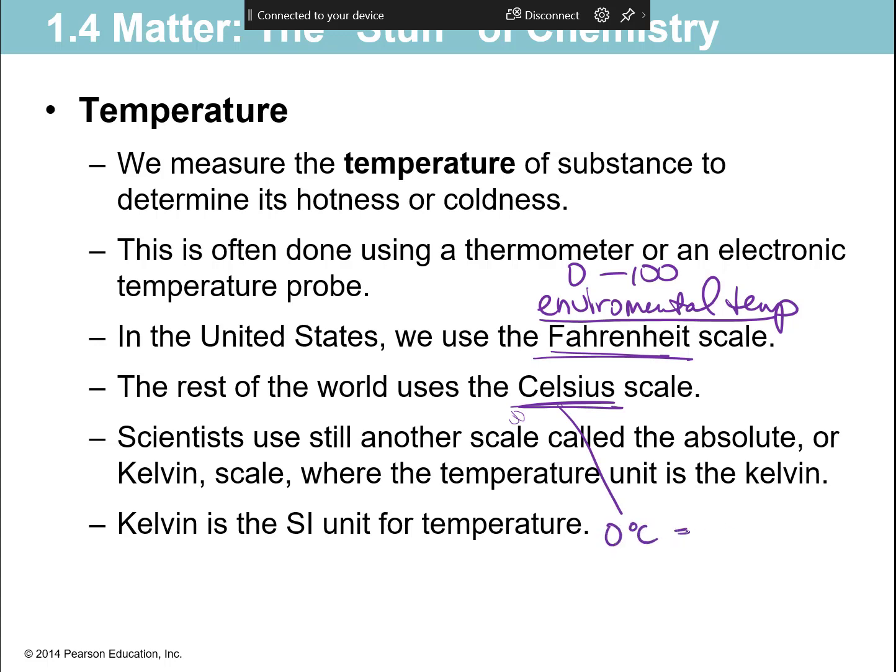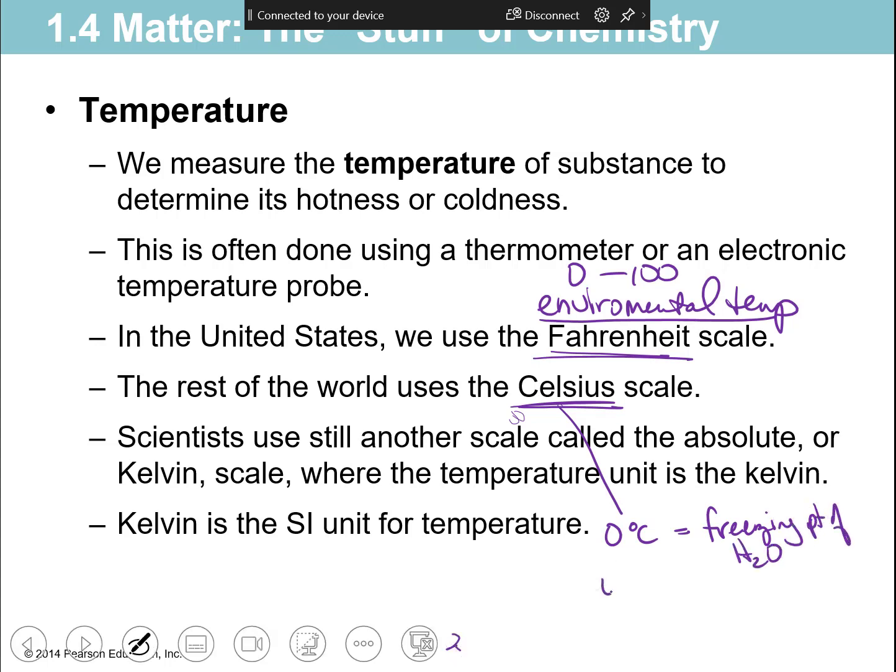So 0 degrees Celsius is the freezing point of water, or melting. 100 degrees Celsius then is the boiling point. So they kept water as the base or the standard for all the number values.